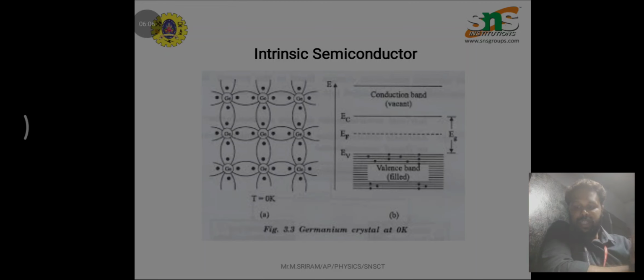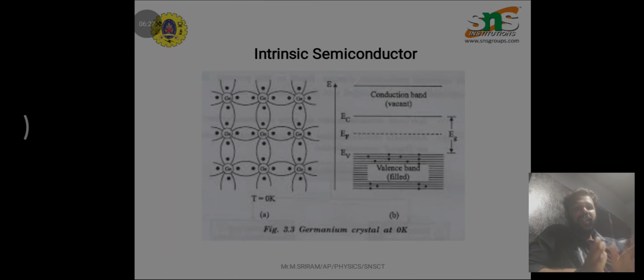When the attractive force is balanced by the repulsive force, a covalent bond is formed between the 2 positive cores. Therefore at 0 Kelvin no free electrons are available for conduction, hence the semiconductor behaves as an insulator.